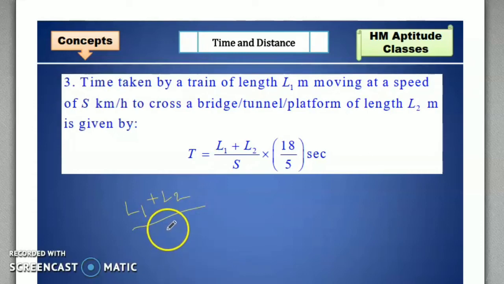The speed of s km per hour in meter per second is s into 5 by 18. So this is the time required for the train to cross the bridge.